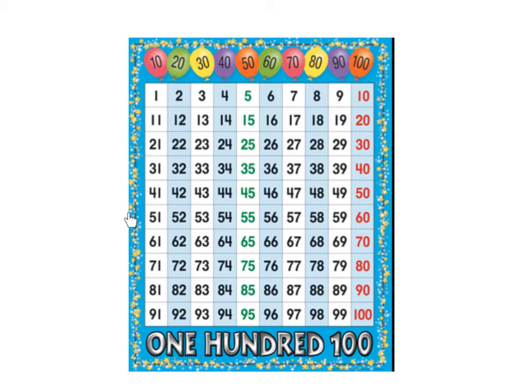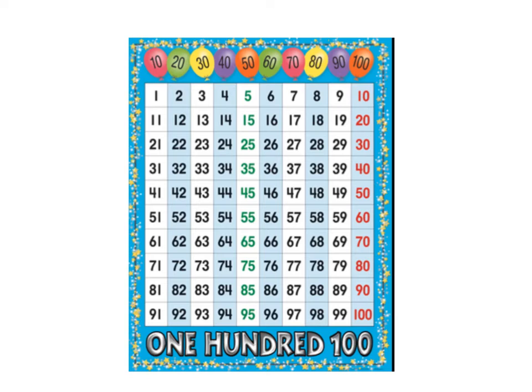Halfway there. 51 through 60, 70, 80, 90, 91, 92, 93, 94, 95, 96, 97, 98, 99, 100. We made it.